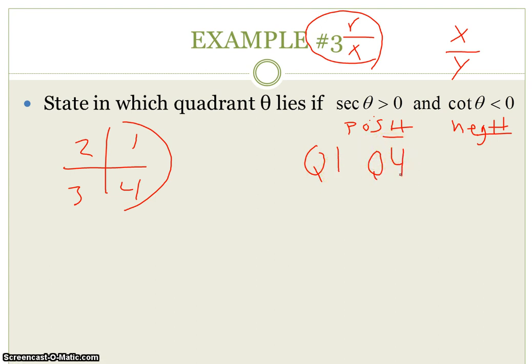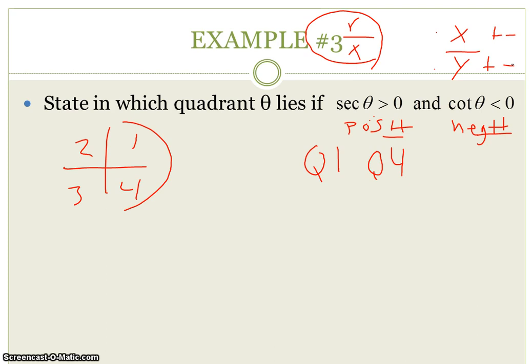On the other hand, cotangent's a negative number. So for cotangent to be negative, the ratio X over Y needs to be negative. Well, if you have a positive number over a positive number, then your fraction is positive. So I know X and Y can't both be positive. And likewise, if X and Y were both negative, a negative over a negative is a positive number.